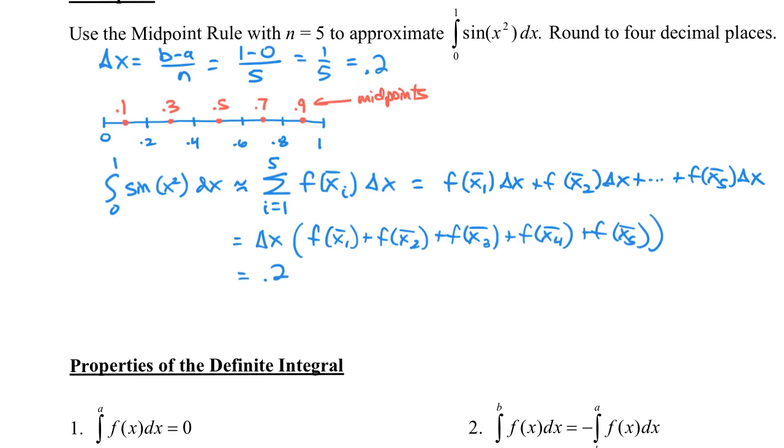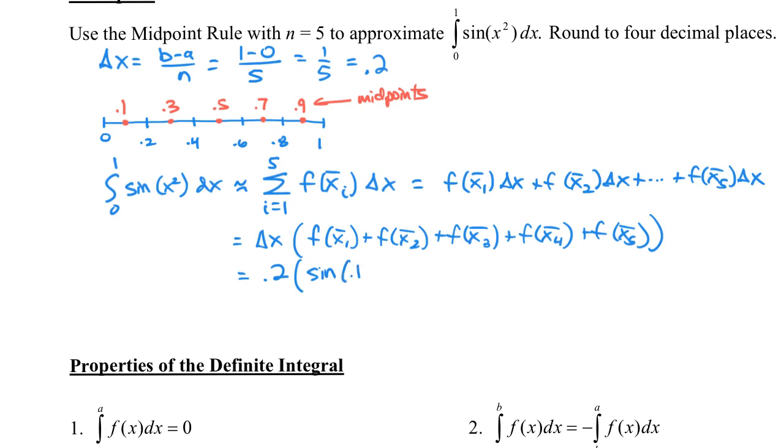And then f of x sub 1 bar. Each one of these is one of these red midpoints, right? So this first x sub 1 bar is 0.1. X sub 2 bar is the midpoint in the second rectangle. Here's the second rectangle, here's the midpoint. So we go right down the line. Remember, this is a little tedious, but this is what we've got to do.